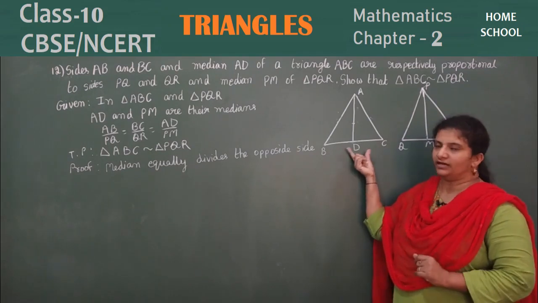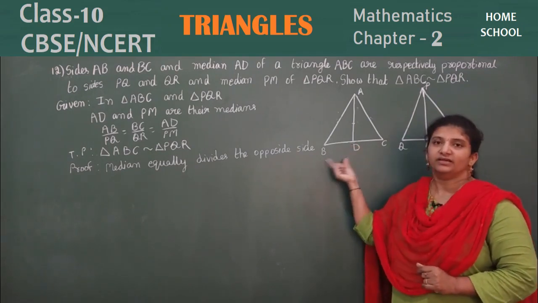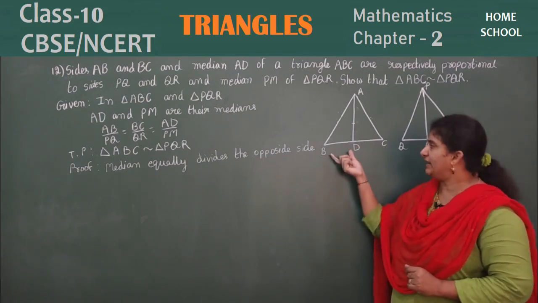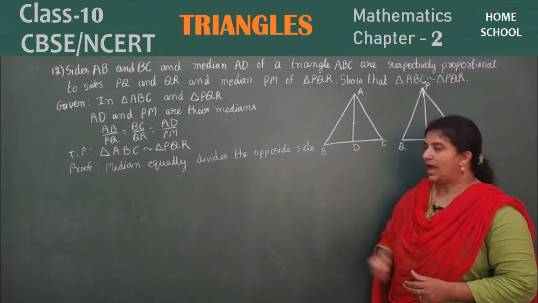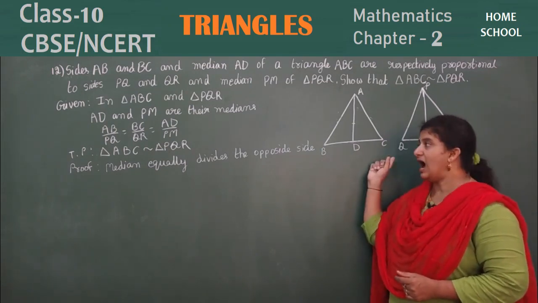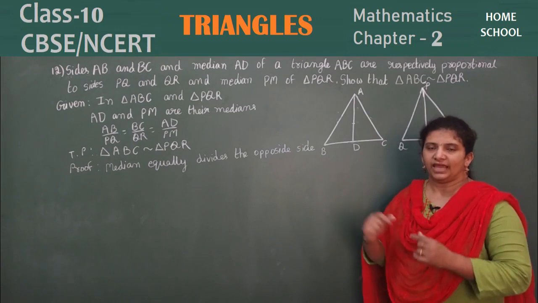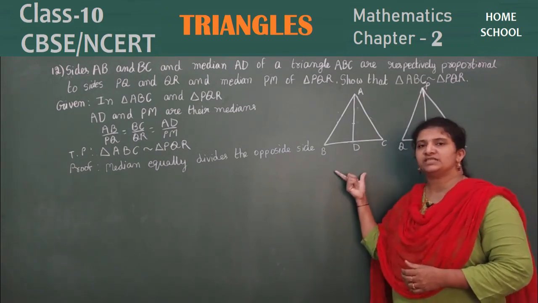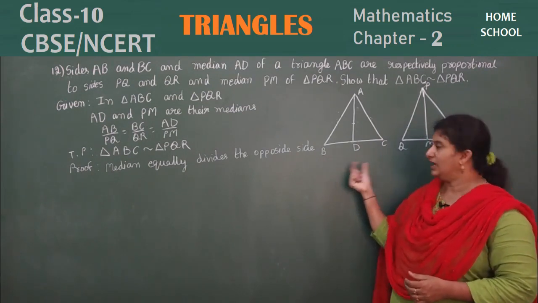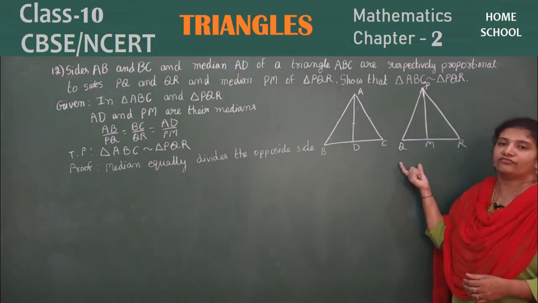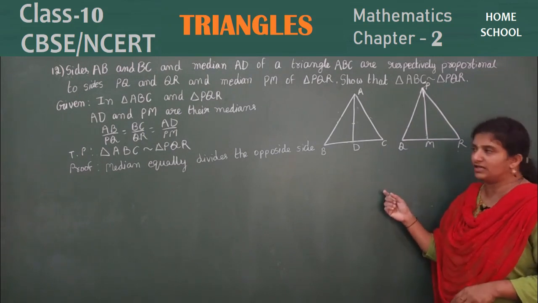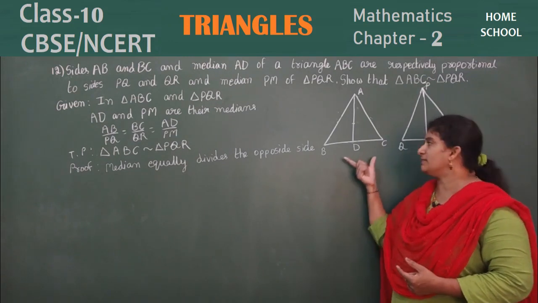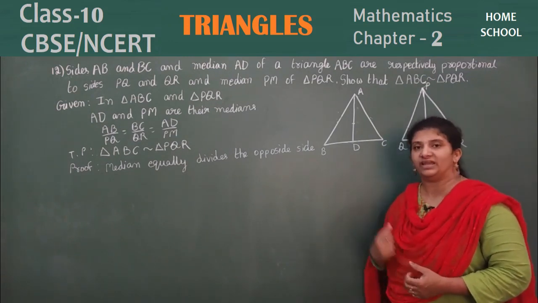How? The median makes equal parts, right? So this D, what does it do? BD is equal to DC, and BD is half of BC. They have given the BC ratio as equal. But instead of BC, you can equate half of BC and, in the same manner, half of QR. In place of BD, you can write half of BC, or in place of BC, you can write 2BD.